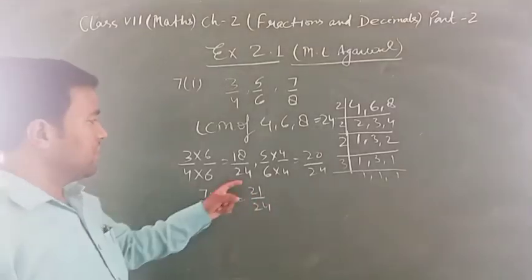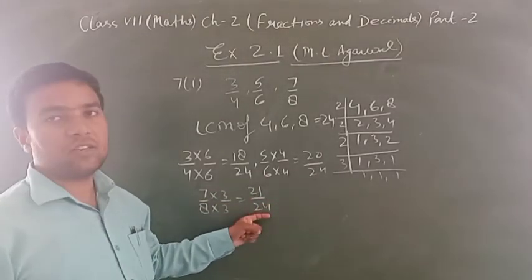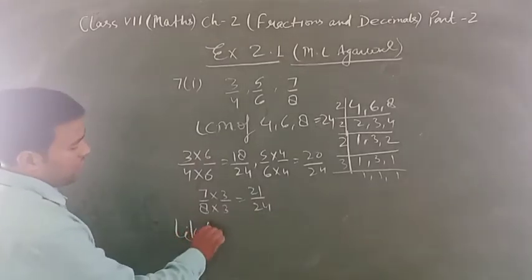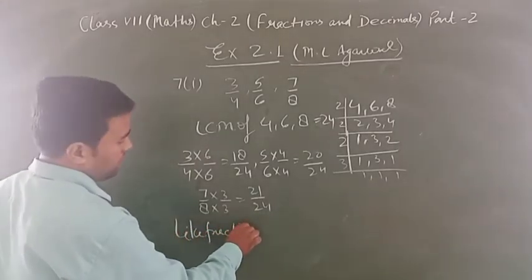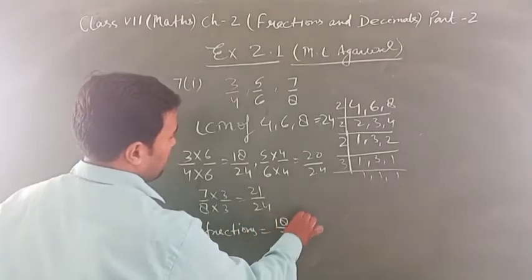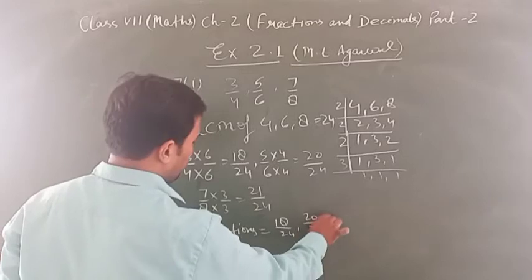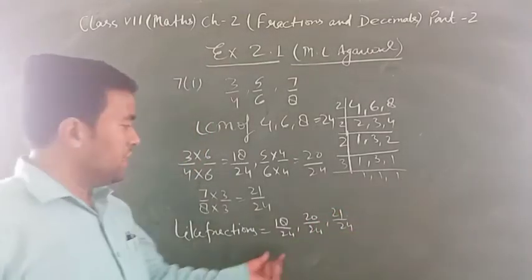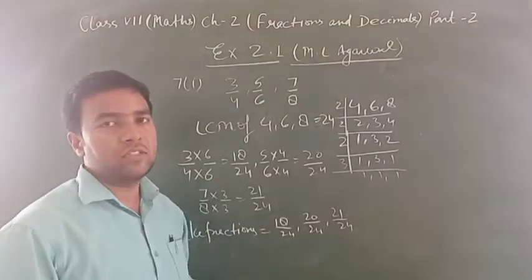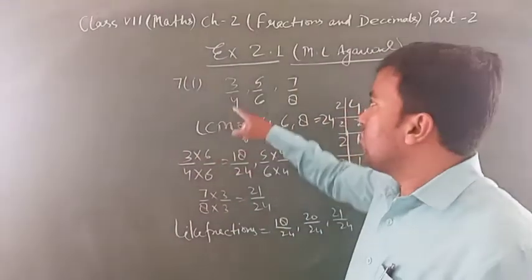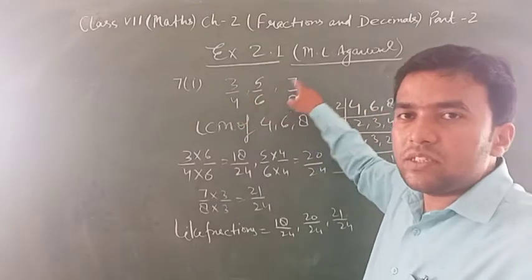See, in each fraction the denominator is the same, so it is a like fraction: 18 by 24, 20 by 24. Clear? Each denominator is the same, so it is a like fraction. See the question: first given 3 by 4, 5 by 6, 7 by 8.